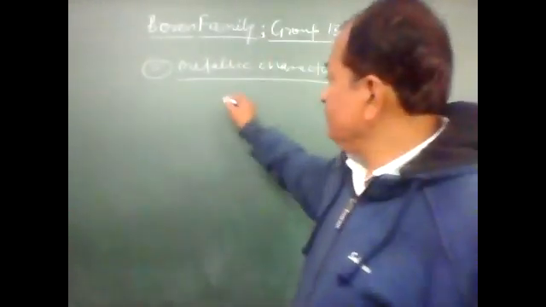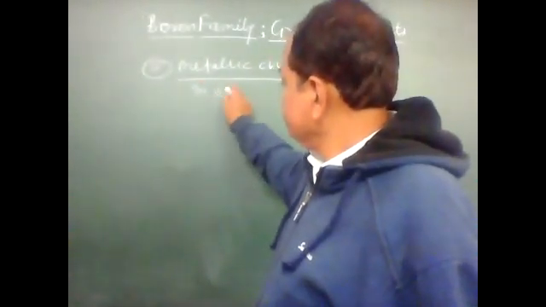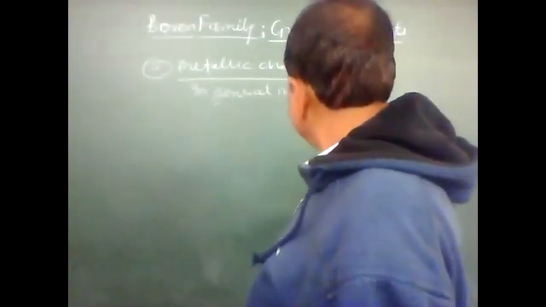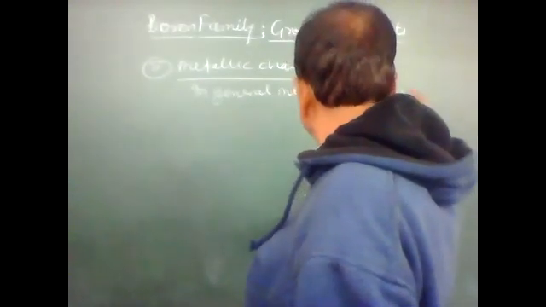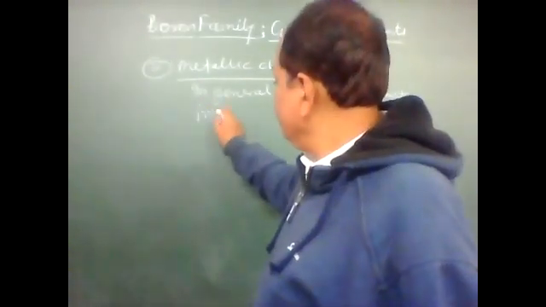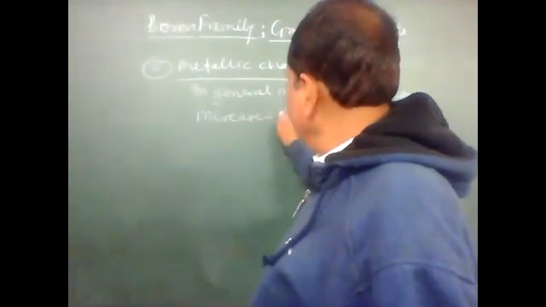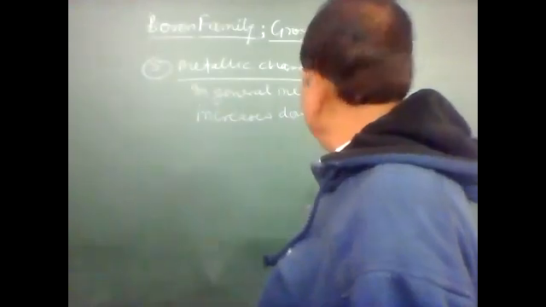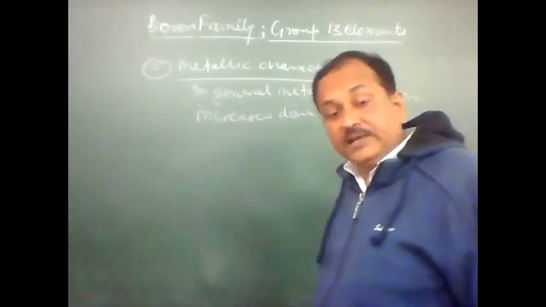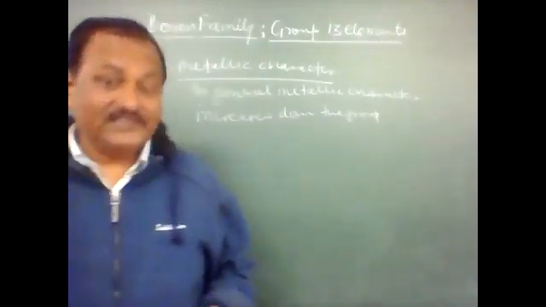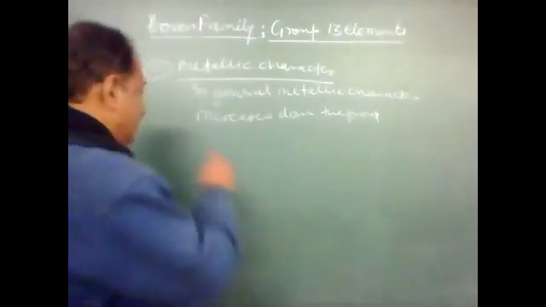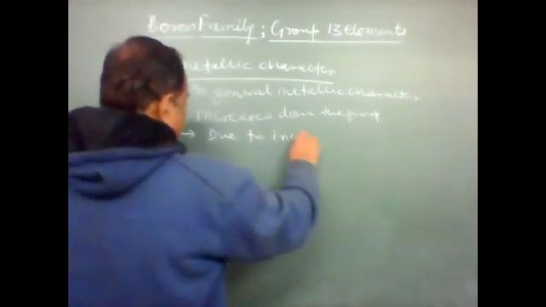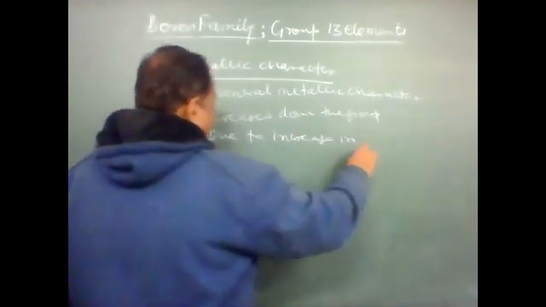So in general, metallic character increases down the group. Why is it so? Reason is due to increase in atomic size.